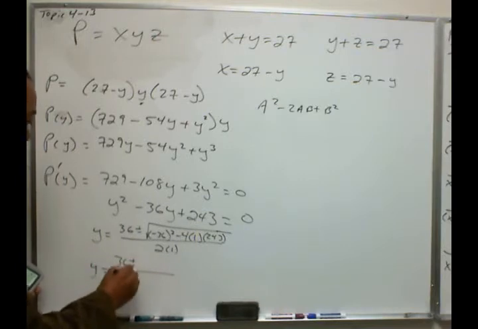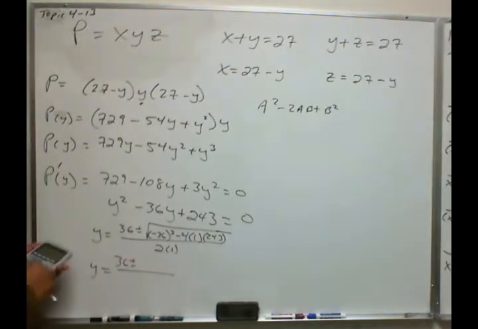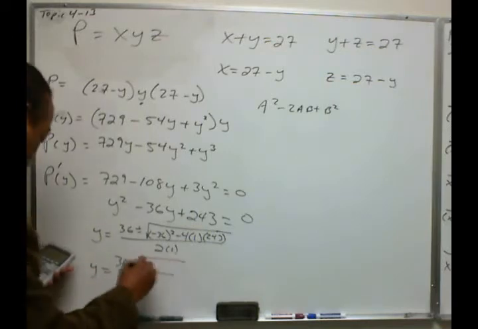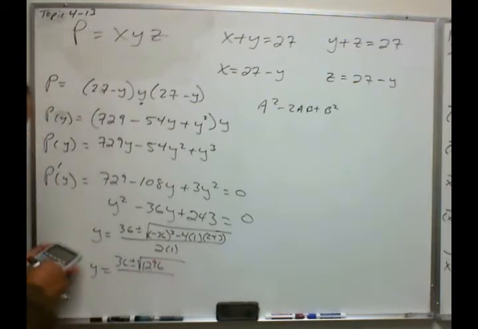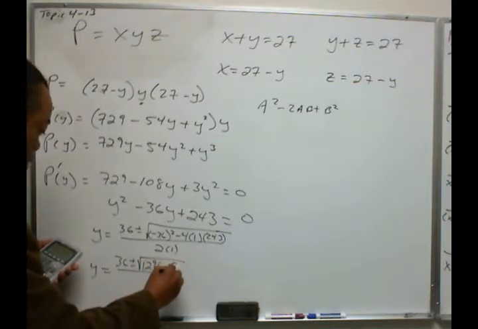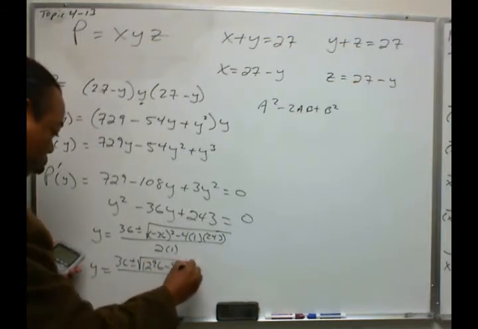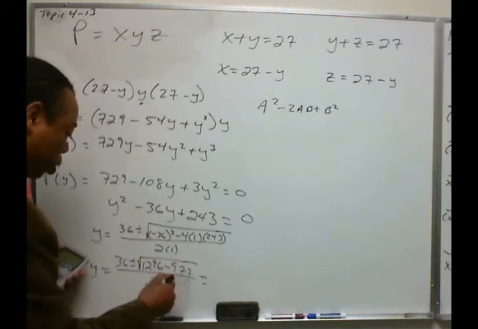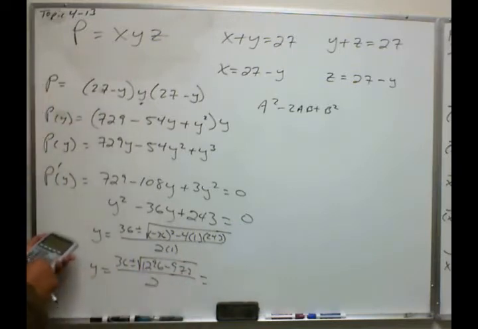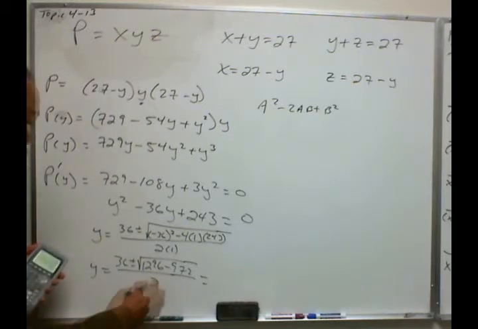Okay, so 36 squared is going to be 1296, and then 4 times 243 is going to be 972. Then we'll subtract those two. So 1296 minus 972, and I get 324.